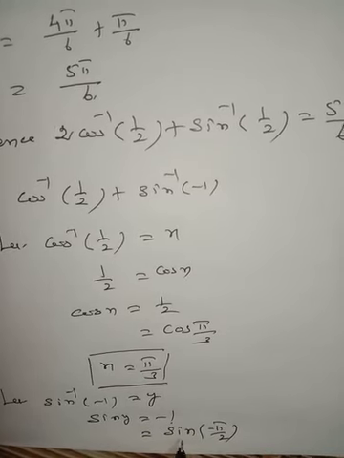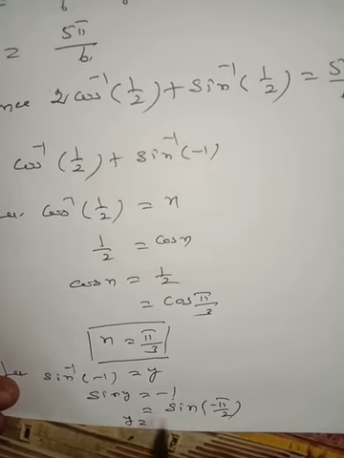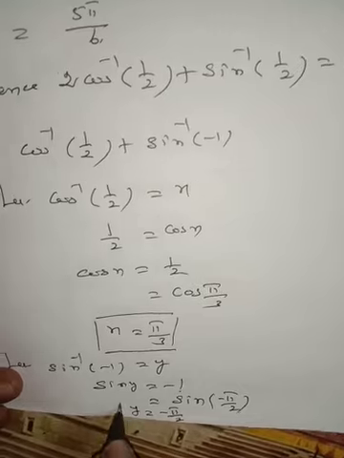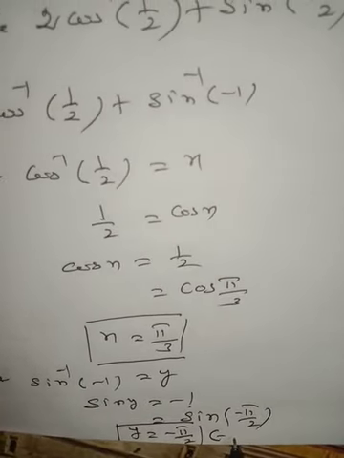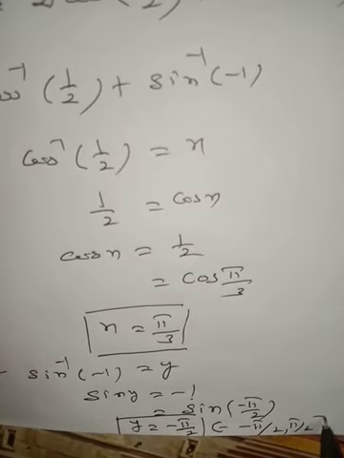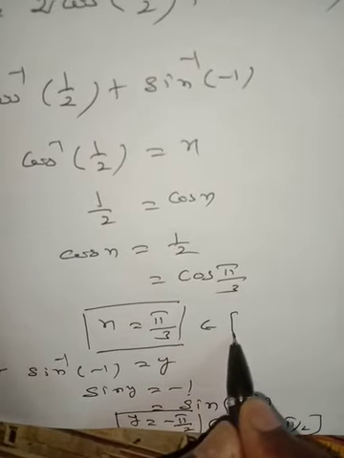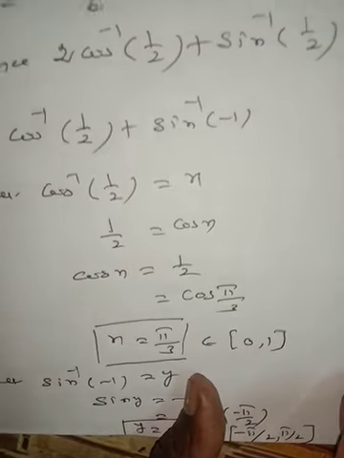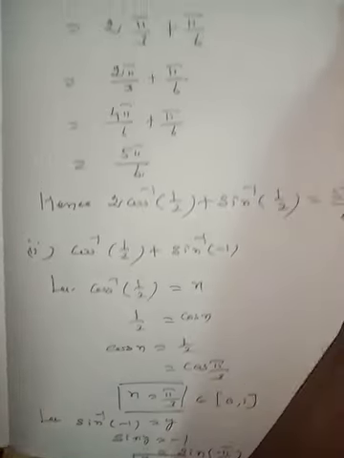Taking sine inverse on both sides, we get y is equal to minus pi divided by 2. This minus pi divided by 2 belongs to minus pi by 2 comma plus pi by 2. Here for the cos function, the range is 0 comma pi.